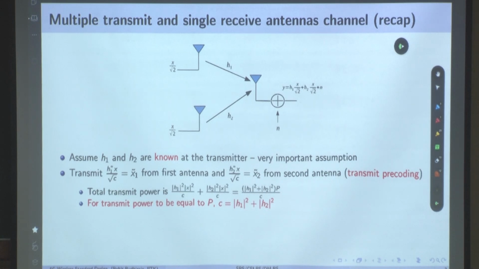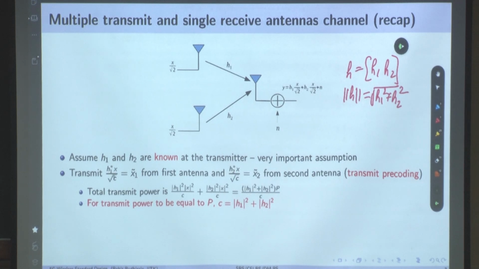And then if you look at this, what is H1 square plus H2 square? If we denote H as basically this vector H, what is the norm of H? Right, okay. So, what is coming in the denominator?